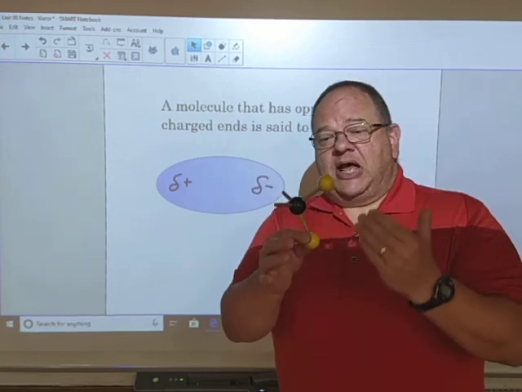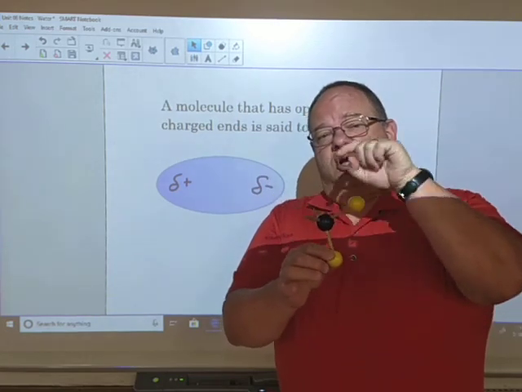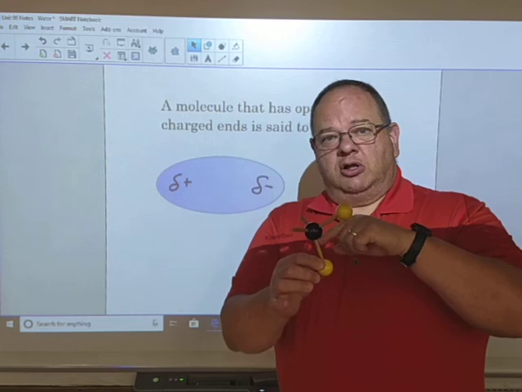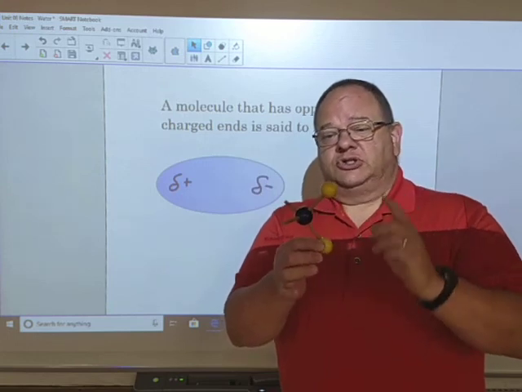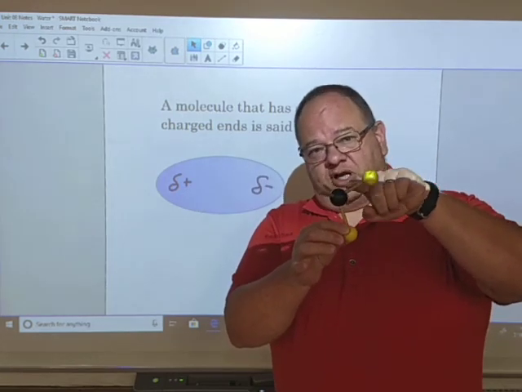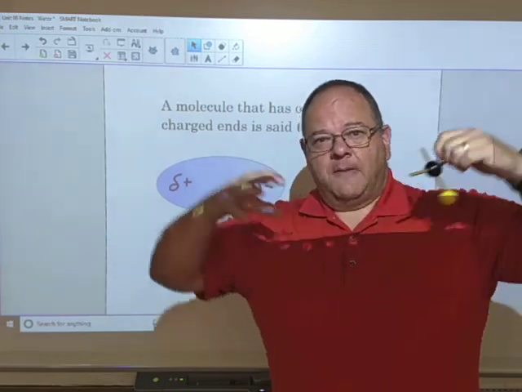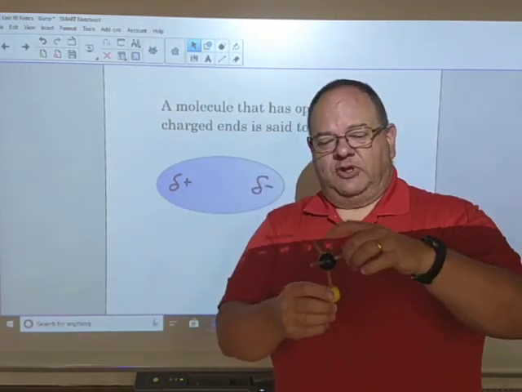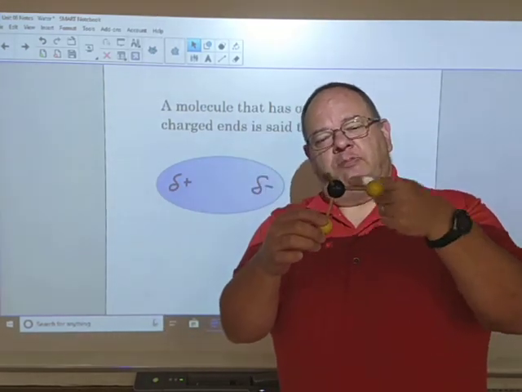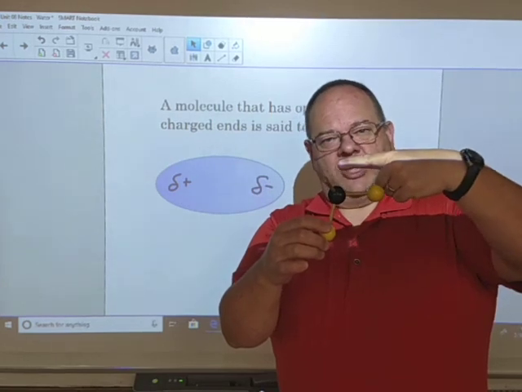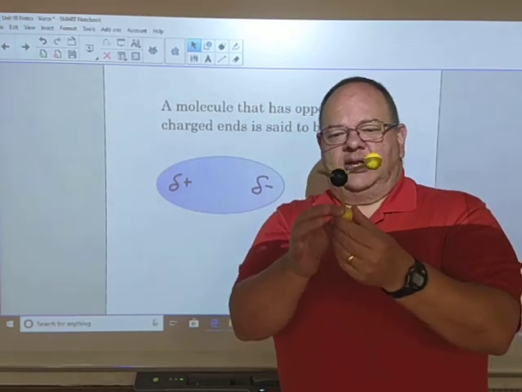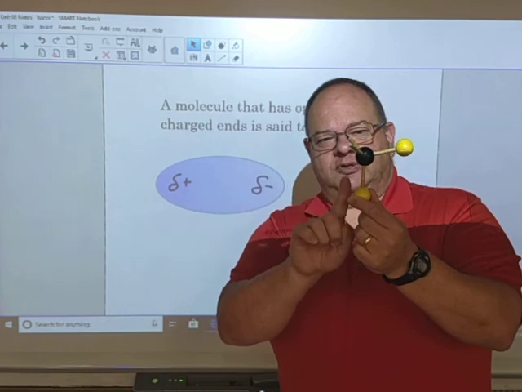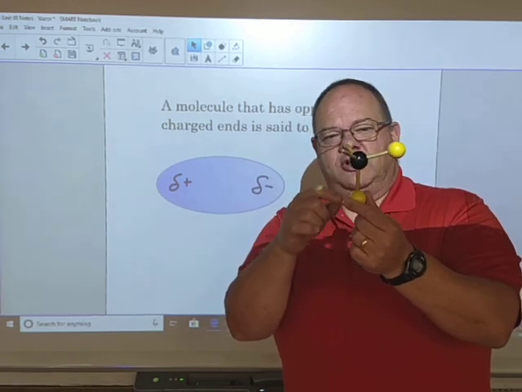And I said that oxygen attracts electrons more strongly than hydrogen. So these electrons that are being shared between the two, remember, both atoms are trying to grab hold of the same electrons. Well, those electrons are being pulled a little bit that way, towards the oxygen. And the same with this bond down here. Those electrons are being pulled towards the oxygen more than the hydrogen.